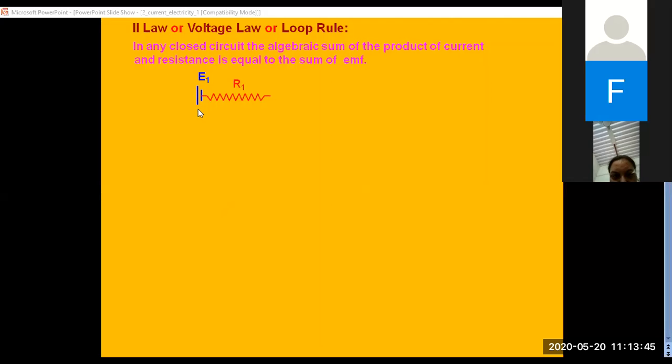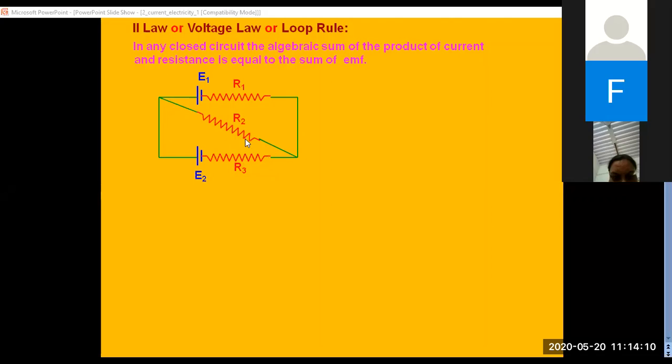We have a cell here. Bigger line is positive, smaller line is negative. EMF of the cell is denoted by E1. I have one resistor here that is denoted by R1. Second, E2, and the resistance here will be denoted by the symbol R2. You have one more in between, R3 resistance.